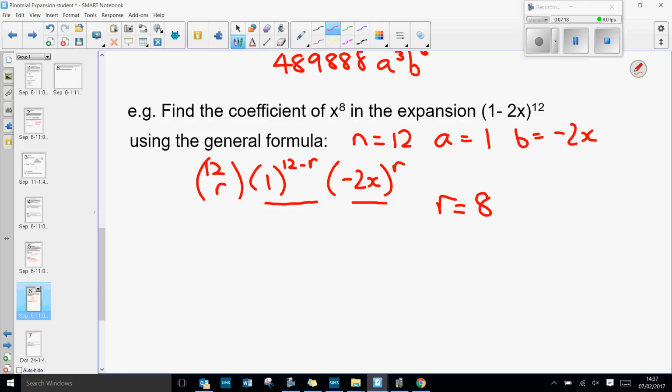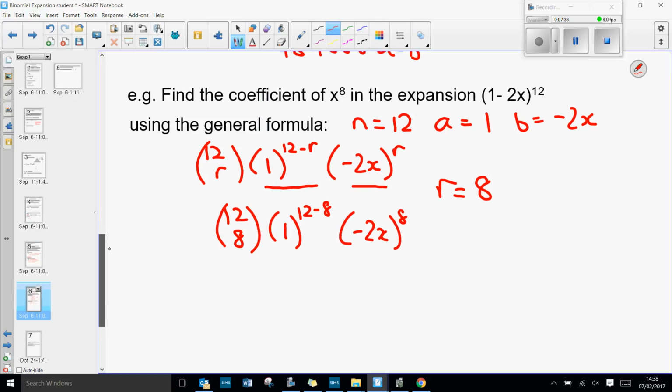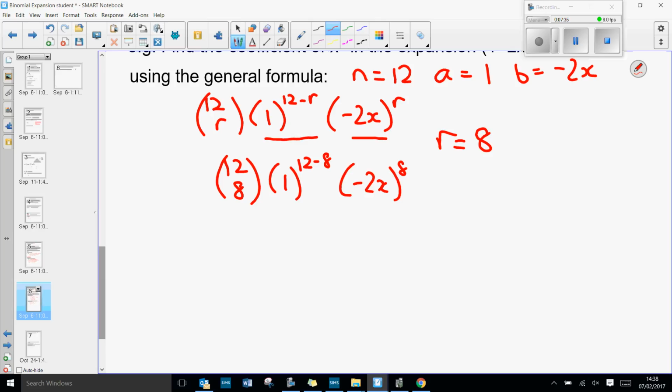So we're now going to find 12C8, 1 to the power 12 minus 8, (negative 2x) to the power 8. We've done that already, 12C8 is 495.